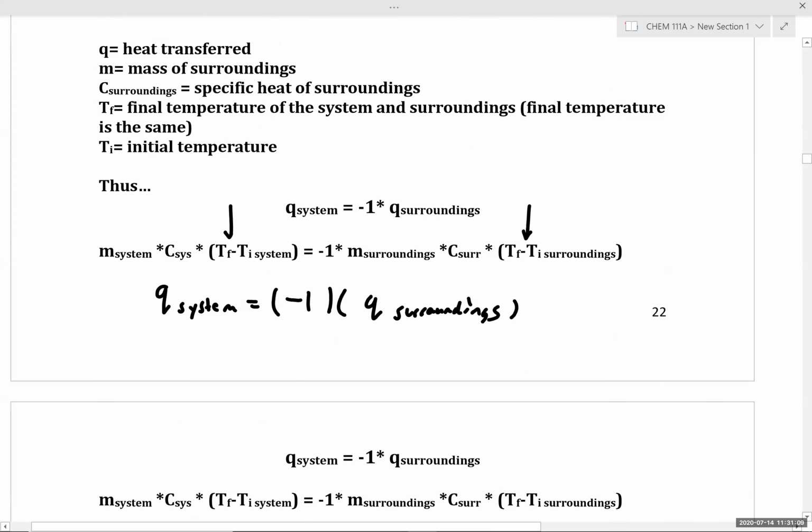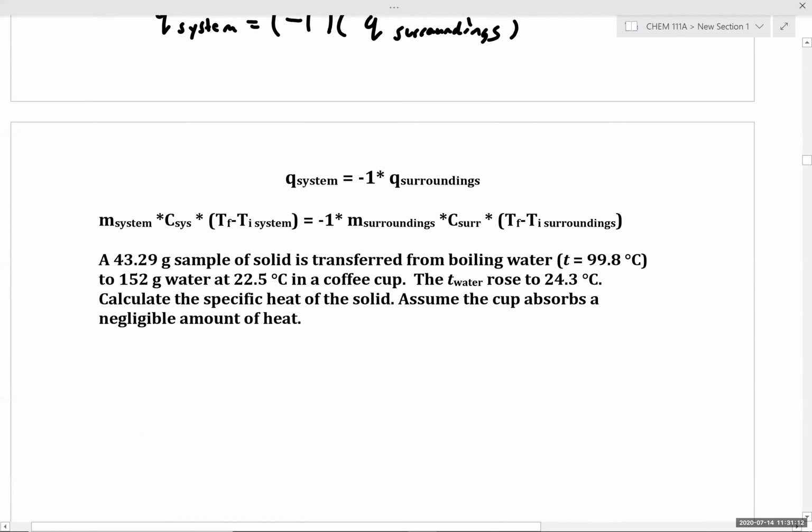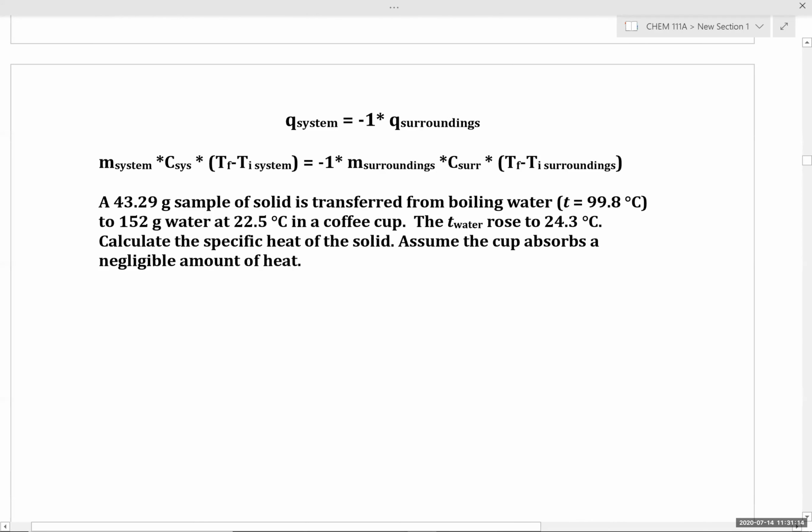Now, let's look at a common example of how we can apply this idea of heat transfer and how we can model heat transfer in order to calculate the heat exchanged between our system and our surroundings. Okay, so let's read through this problem.